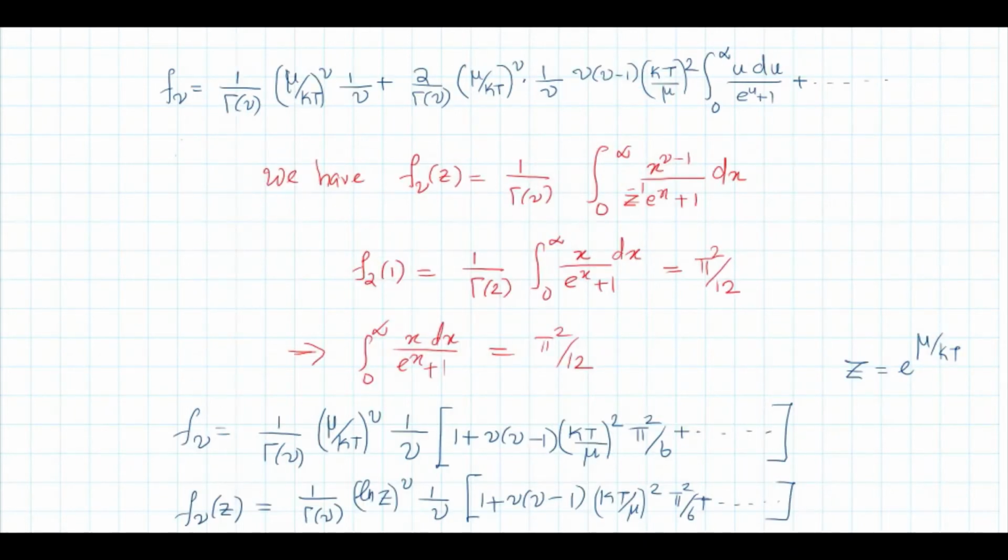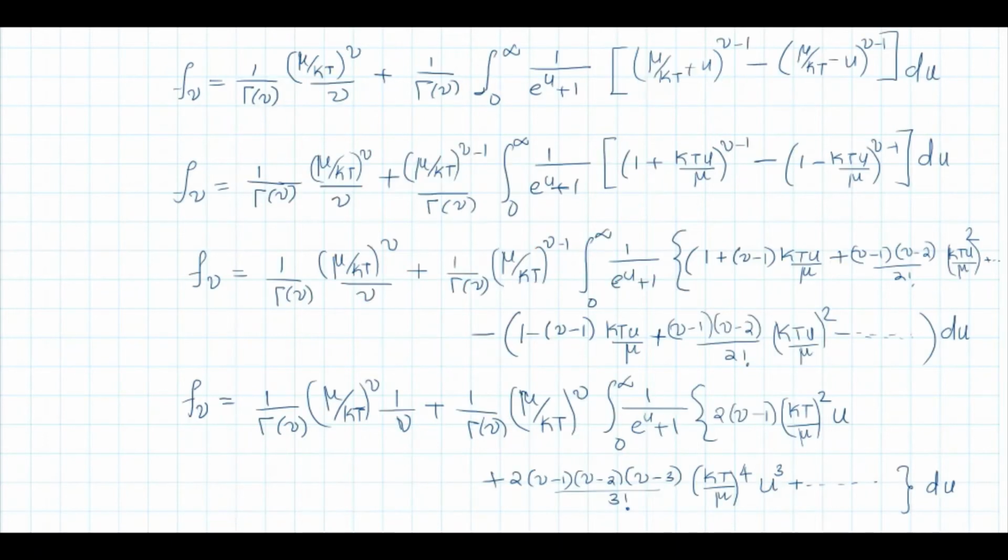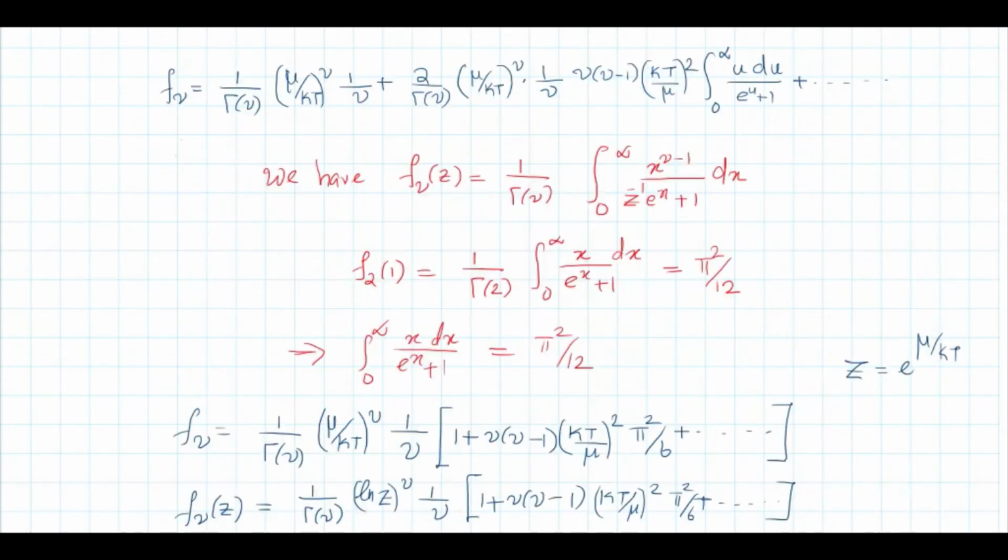Now, f_ν is equal to 1 by Γ(ν) (μ/kT) raised to ν into 1 by ν. This is the first term. And the second term, this integral, we will write last. The second term is 2(ν−1) divided by Γ(ν).